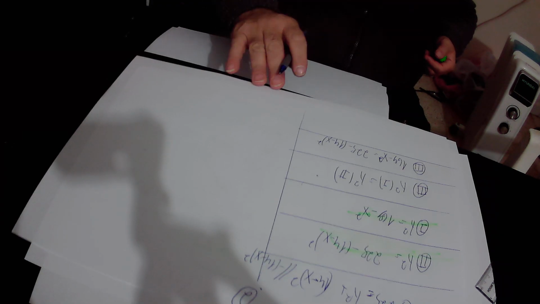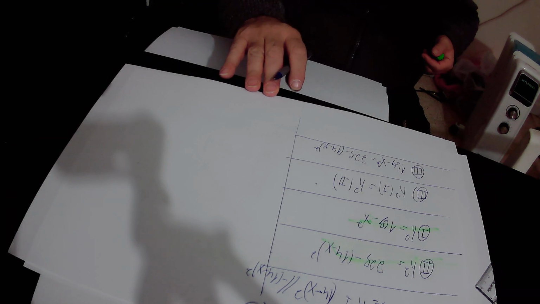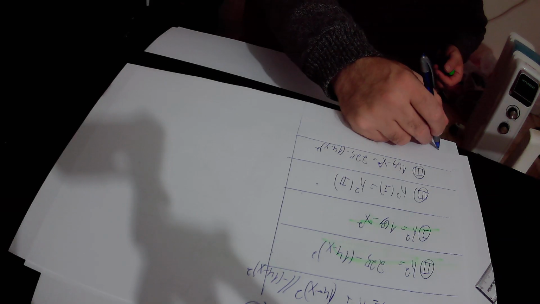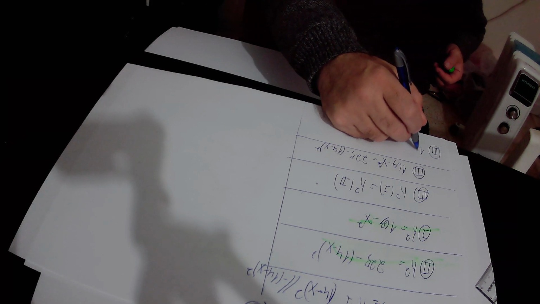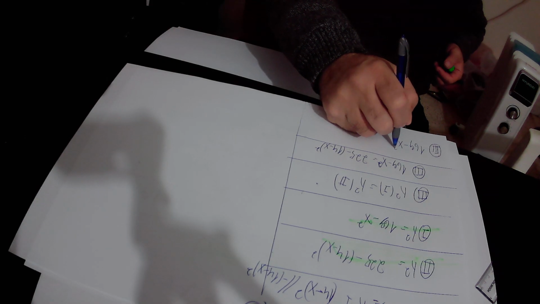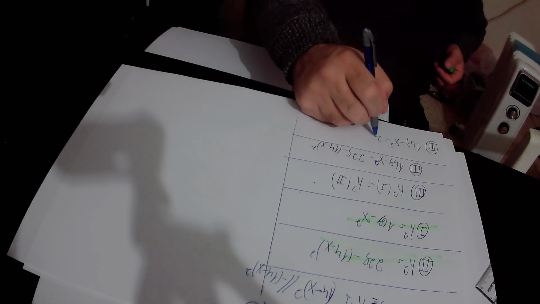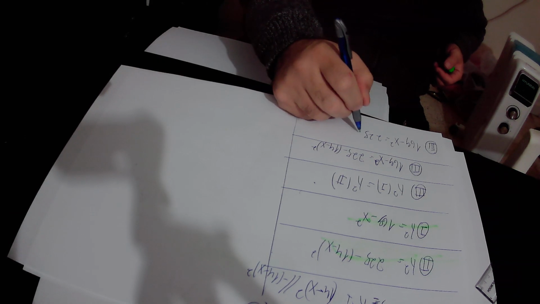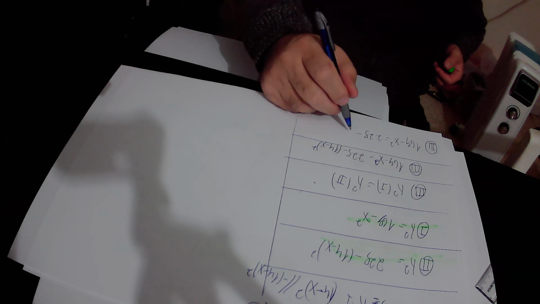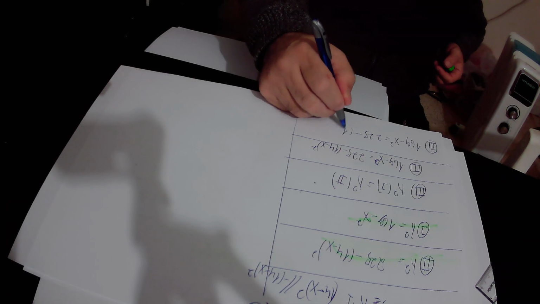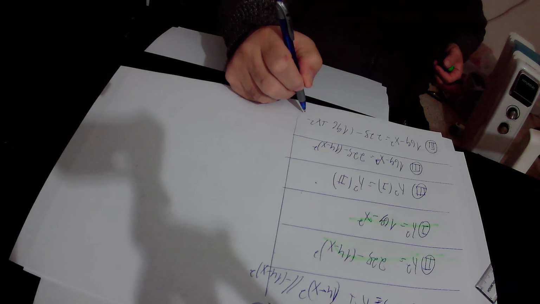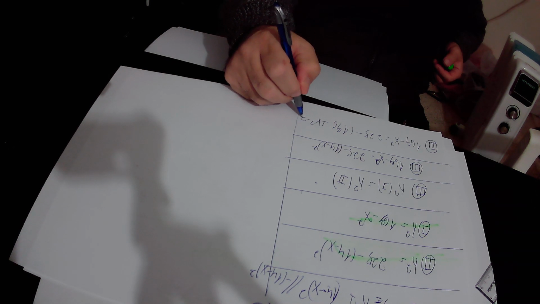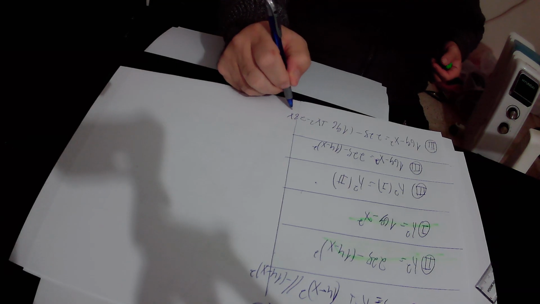So we found out that according to equation number 3, 169 minus x squared equals 225 minus (14 minus x) squared, where (14 minus x) squared equals 14 squared, that is 196, plus x squared minus 2 times 14x, that is minus 28x.